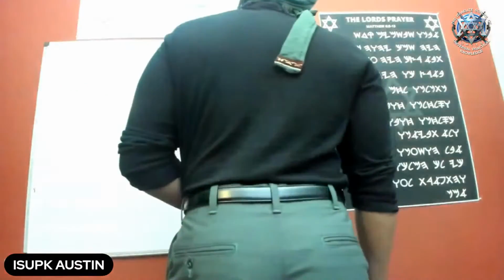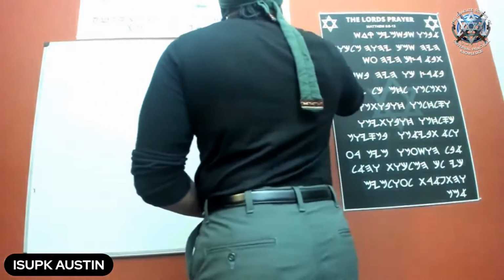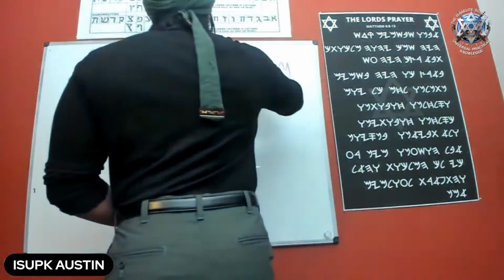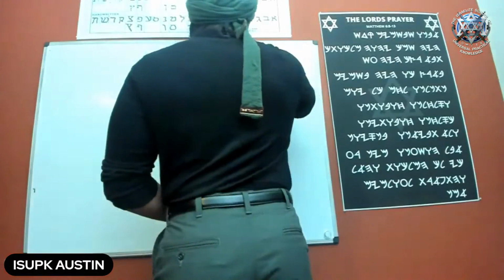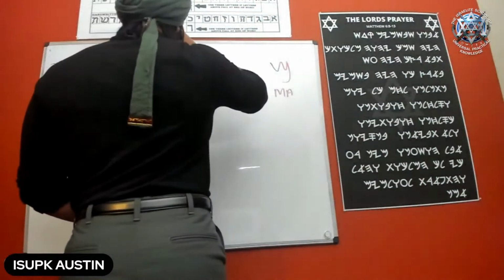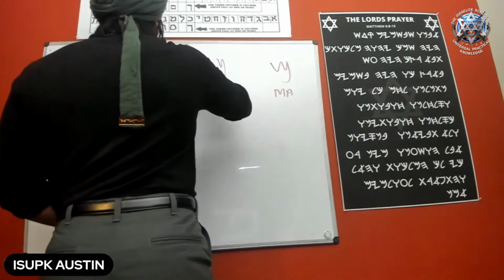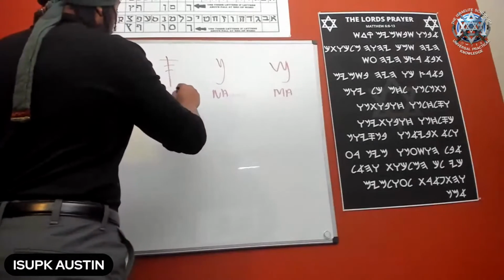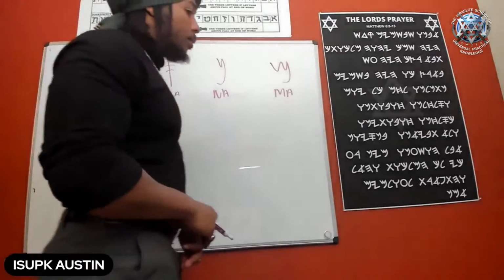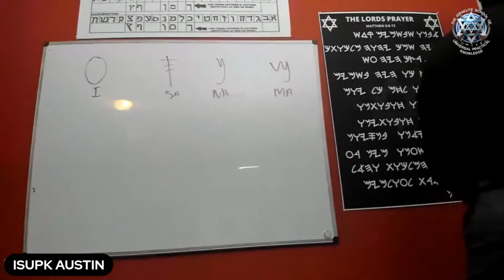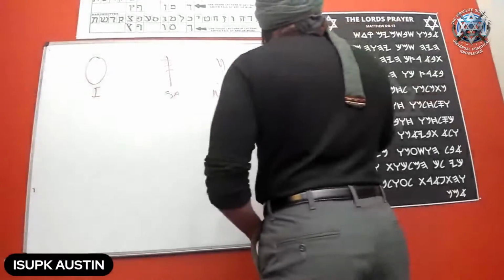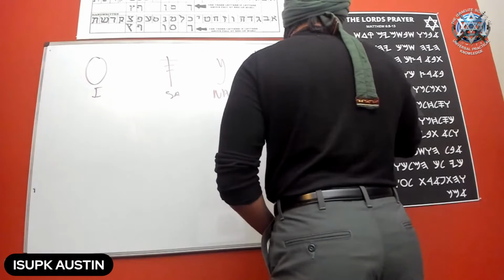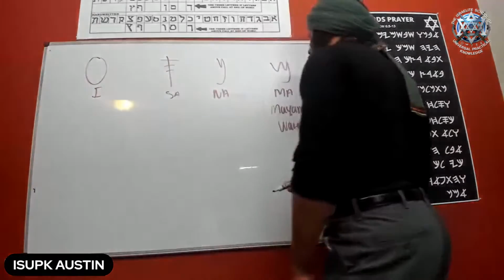Now, we stopped at la. We have ma, na, sa, and ayin. Where's ma? Mayim, which is water. When you see water, think about the universal sign of water.